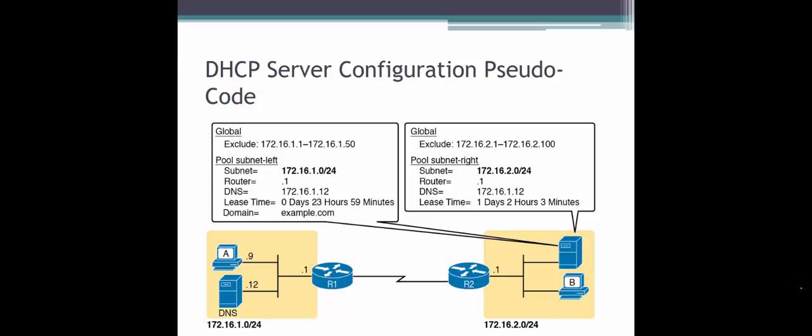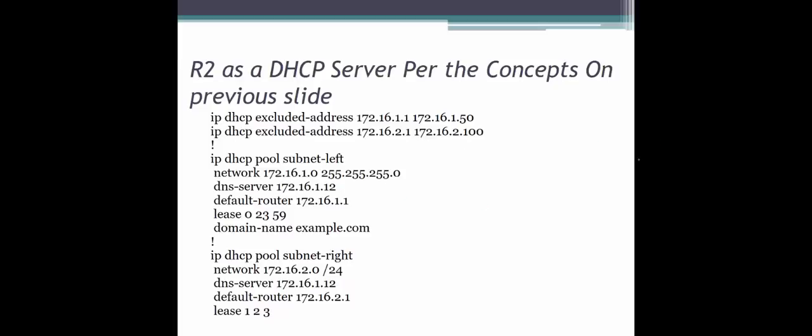So let's look at setting R2 as our DHCP server. We're going to have a left side and a right side. Notice the left side network. Notice the right side network. So first thing is we set up our exclude.